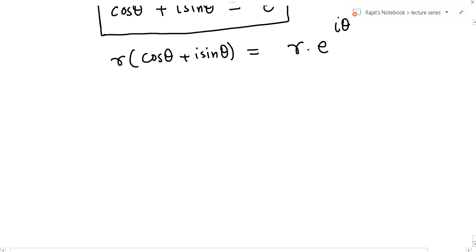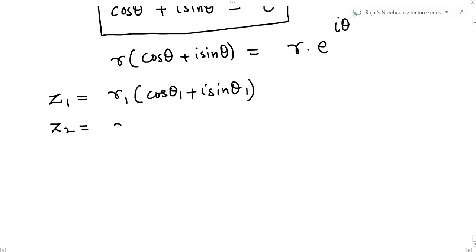Let's see. Suppose I have a complex number z1 represented by r1(cos theta 1 plus i sin theta 1), and another complex number z2 represented by r2(cos theta 2 plus i sin theta 2).